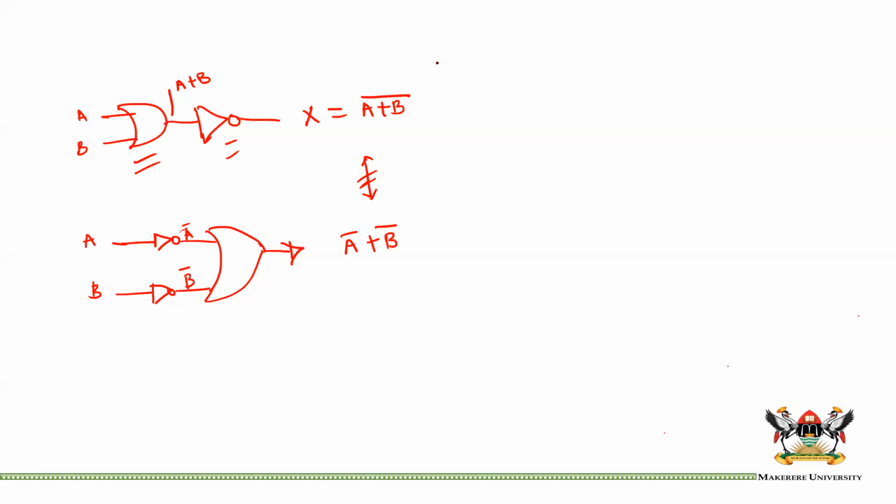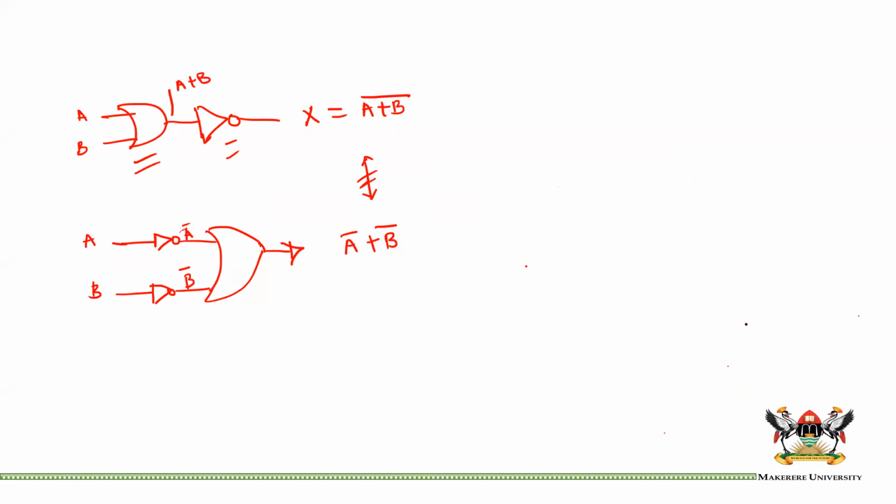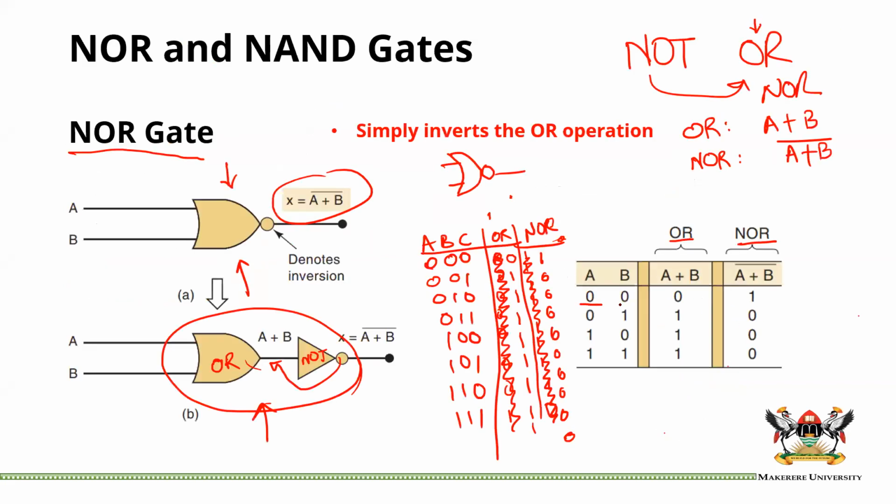Yes, it is totally right to say that the NOR is the opposite of OR and the NAND is the opposite of the AND. So if we were looking at the NOR gate, the NOR gate is high when all inputs are 0. As you can see here, when all inputs are 0, you're going to have a high.